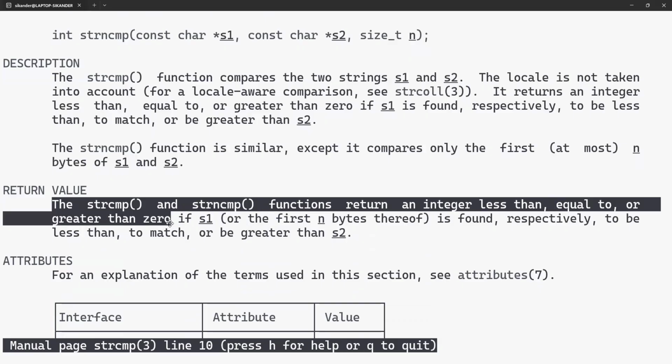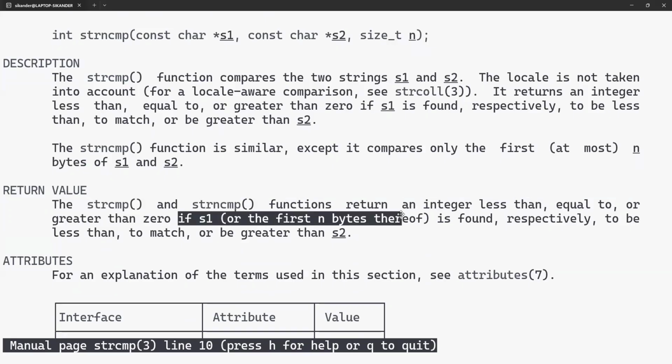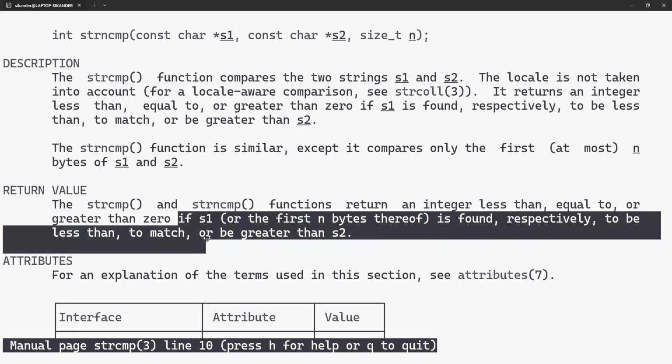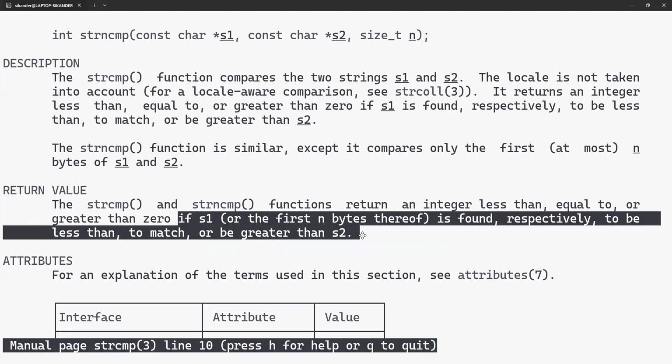Remember, it could either return less than 0, equal to 0, or greater than 0 if S1 is found respectively to be less than, to match, or to be greater than S2.